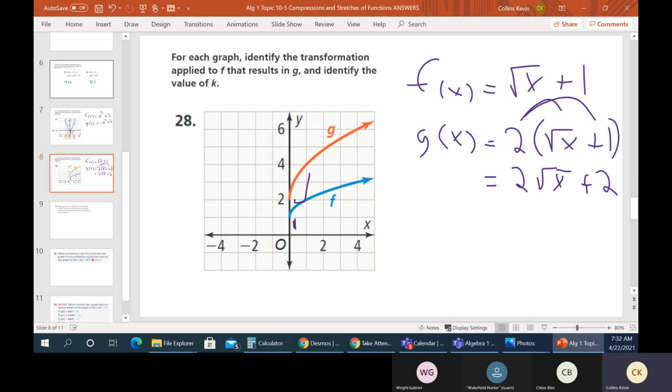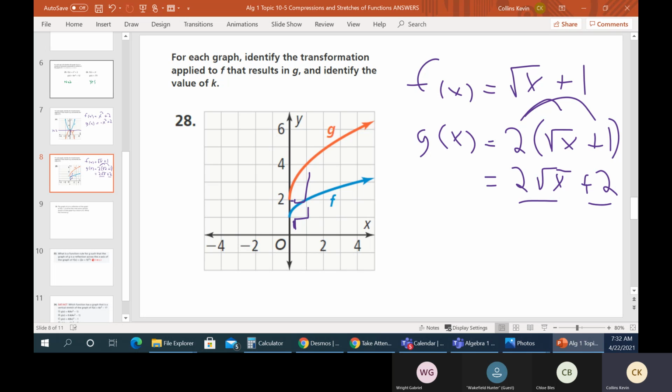As you can see here, it went over 1 and up 2, as opposed to over 1 and up 1. And then it also starts at 2 rather than 1. So it's going up twice as fast, and it starts at 2. Okay? So that's what we got going on there. Questions? Okay, thank you, Chloe.